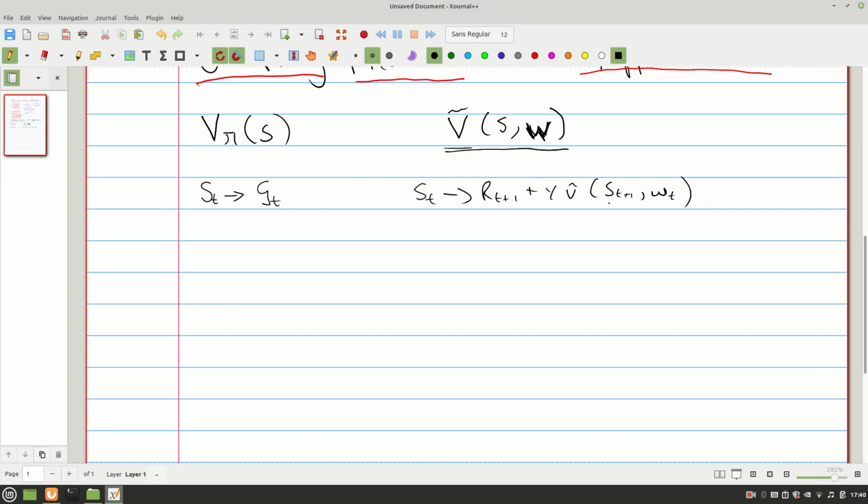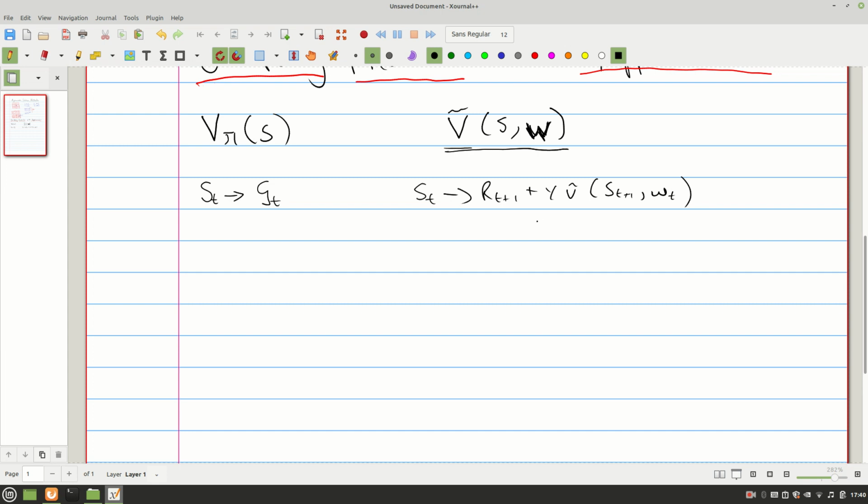And so we need to make sure that the algorithm, or I should say the way that we're trying to represent this, whether it's by a linear function or a neural network, is also able to chase what we call non-stationary targets, because these values will continue to change the more we learn. And again, I will make it clear what I mean by this.